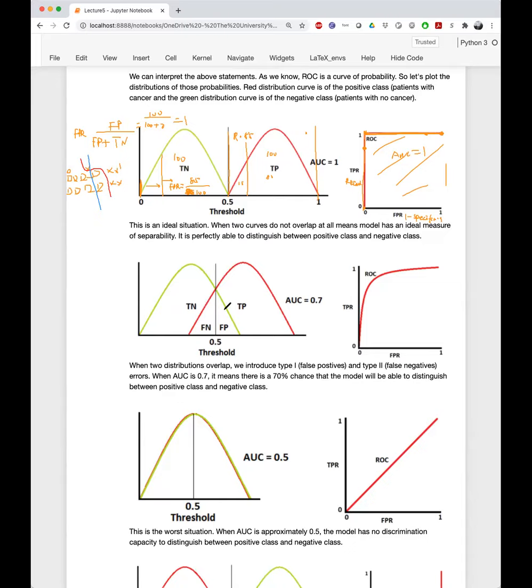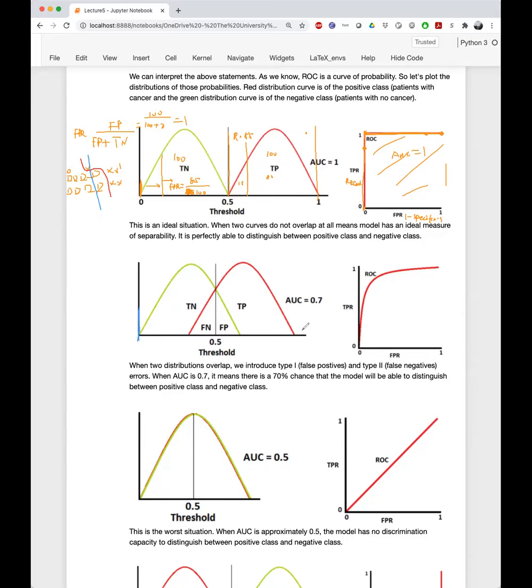That means your model can detect or separate most of the positive and negative cases, but there are some that it cannot separate. So in this case, let's go through this process again. Suppose the threshold is here. What's the recall?